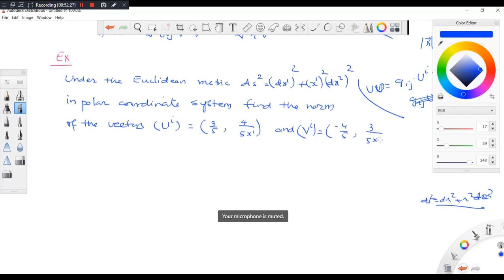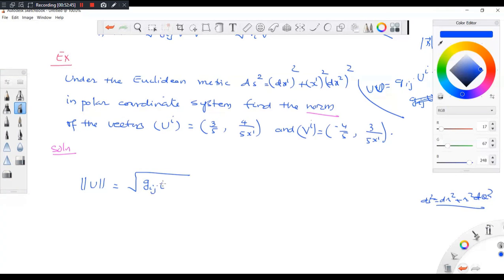Okay. So how do you find the norm of a vector? The norm of this vector u is nothing but the square root of gij ui uj. Okay, this is the general formula to be used.